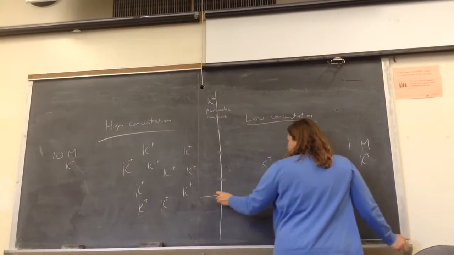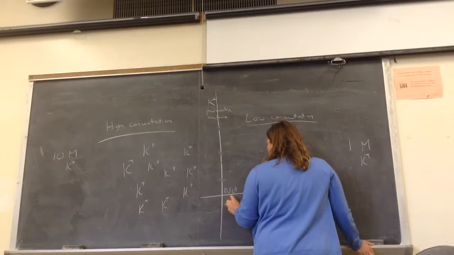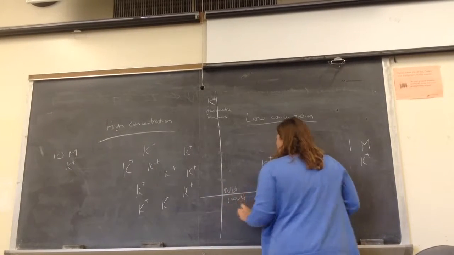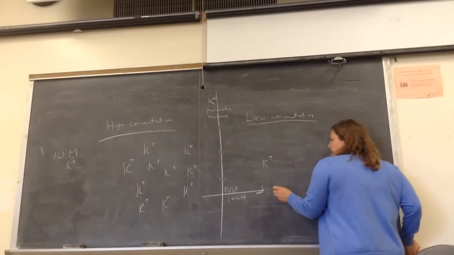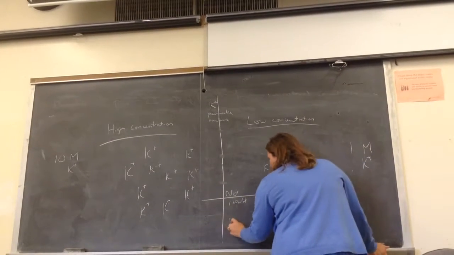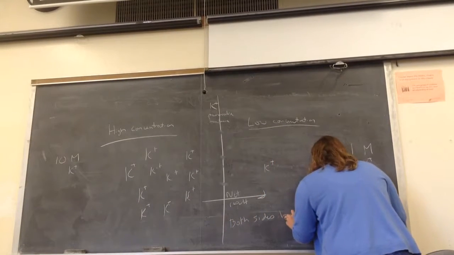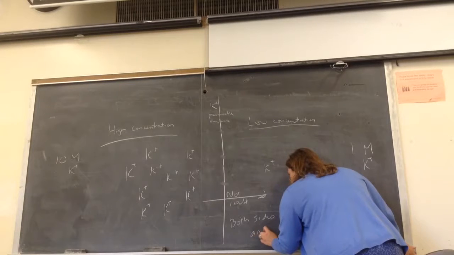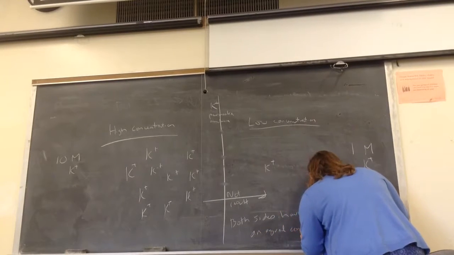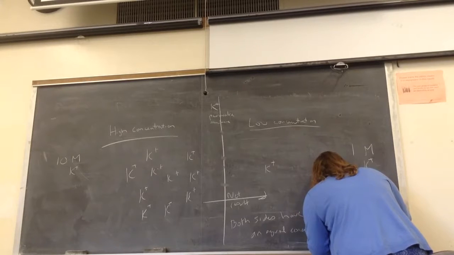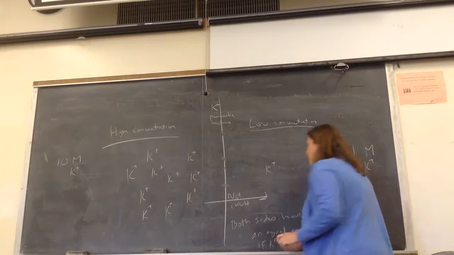What will happen is the net result will be to move potassiums from this side to that side so that both have an equal concentration of potassium.